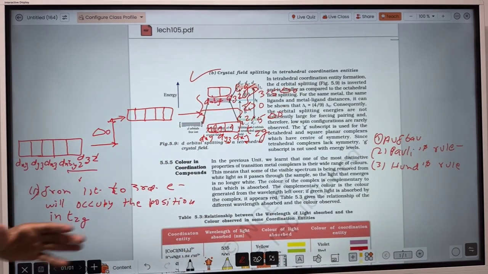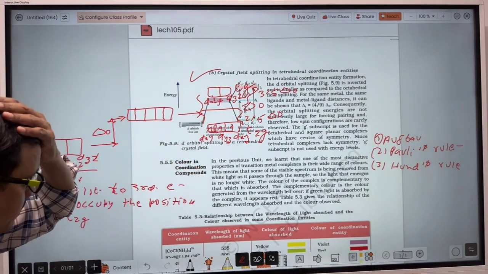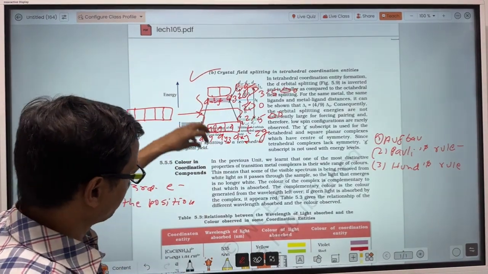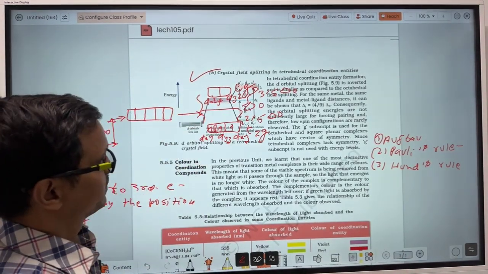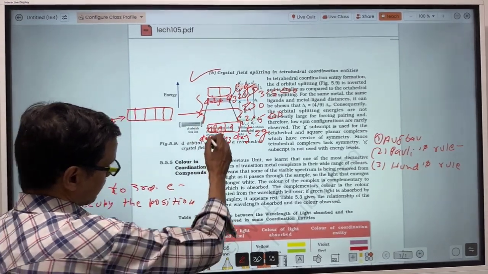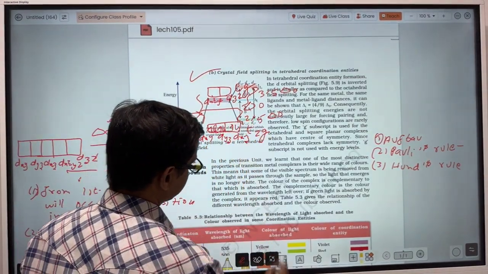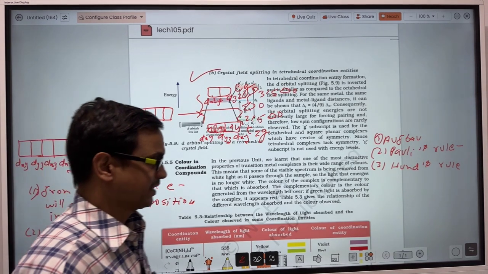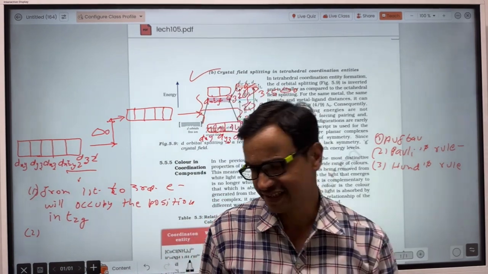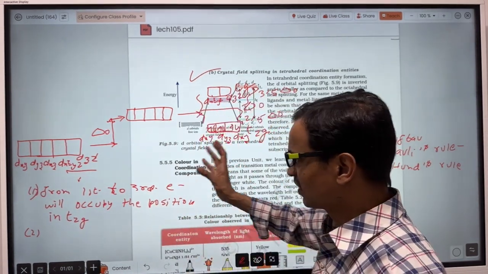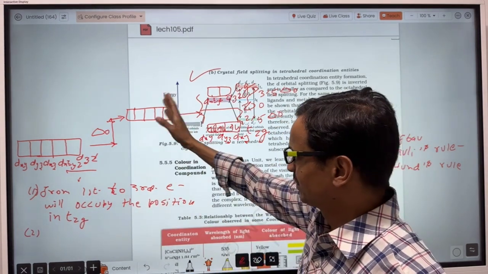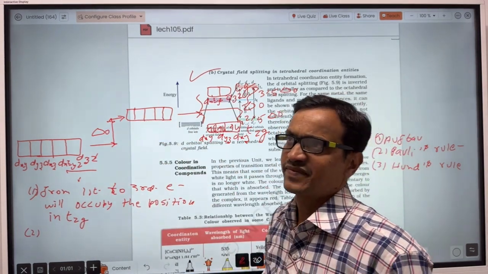So when the pairing energy, that means the energy required to pair up the electron, is less than delta O, then the fourth, fifth and sixth electrons will occupy positions in the T2g energy level. The pairing energy will be less when a strong field ligand approaches the d orbital.